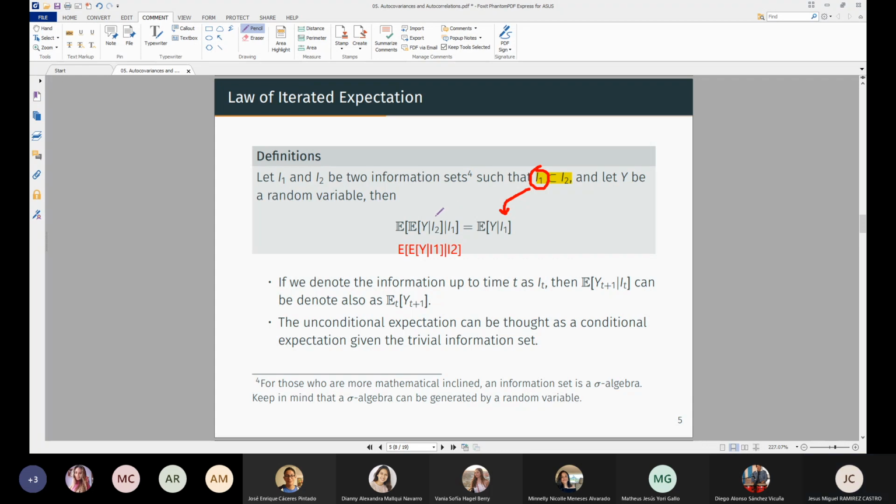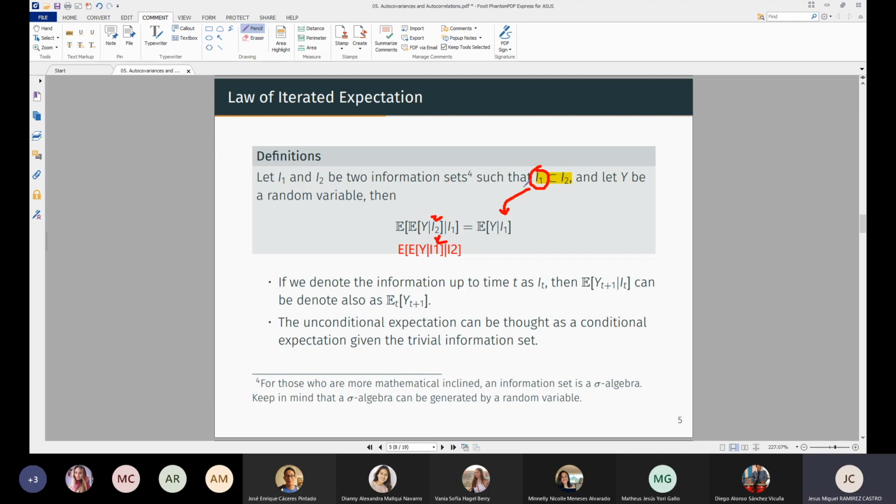If I1 is here or is here, the order of the information in the conditional expectations doesn't matter.